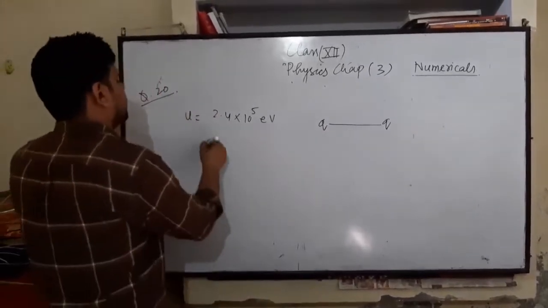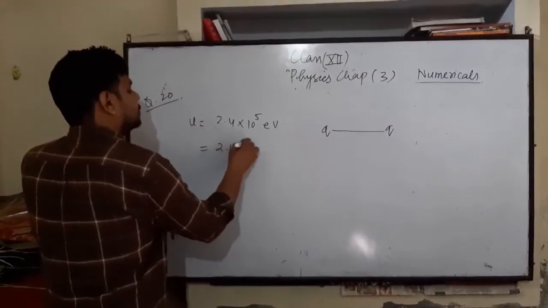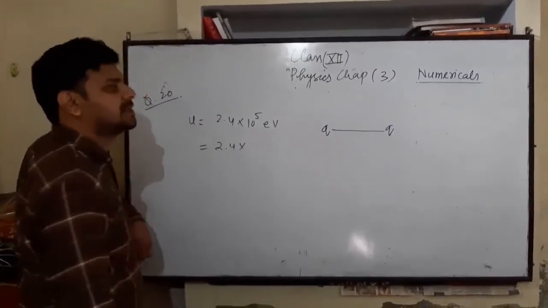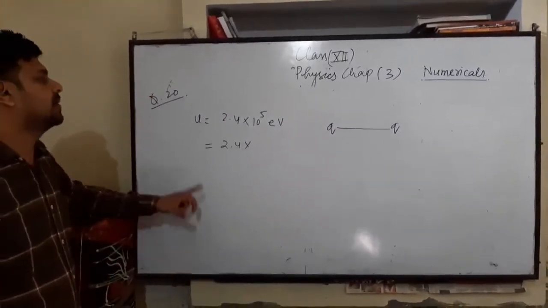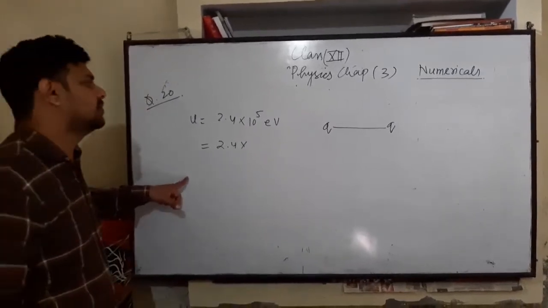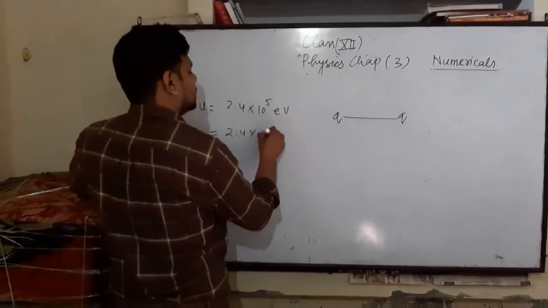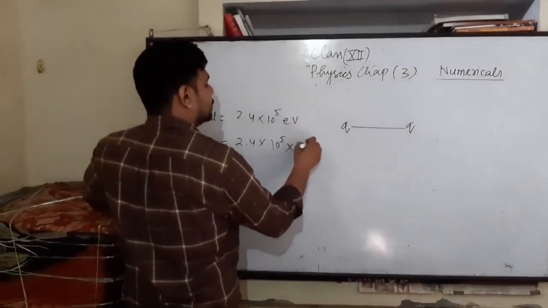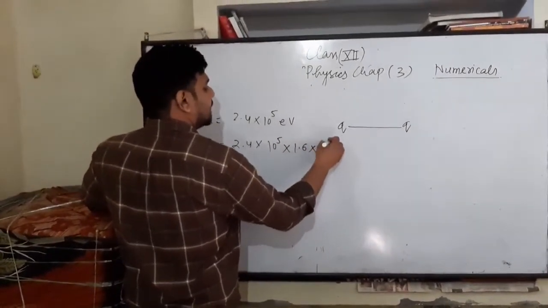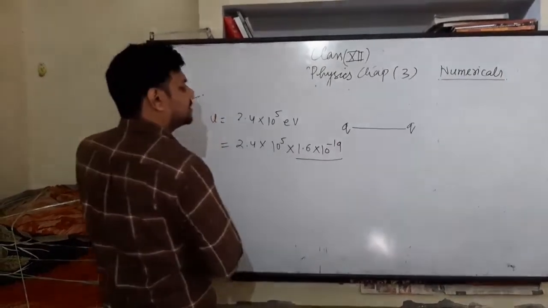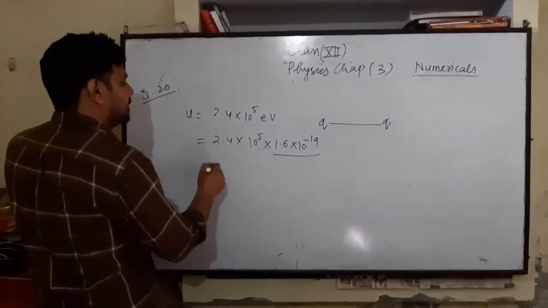So first you will convert it into joule. We know the SI unit of any kind of energy is joule, so we will do the calculation in SI units. We convert electron volt into joule by multiplying by 1.6 into 10 to the power minus 19.